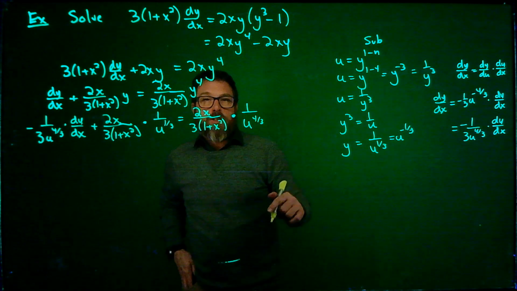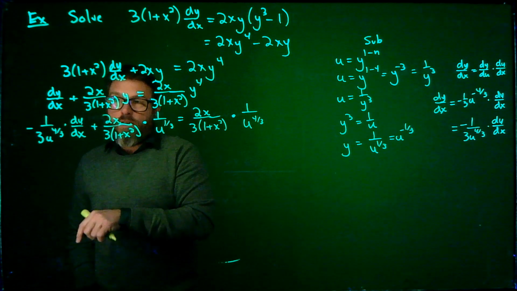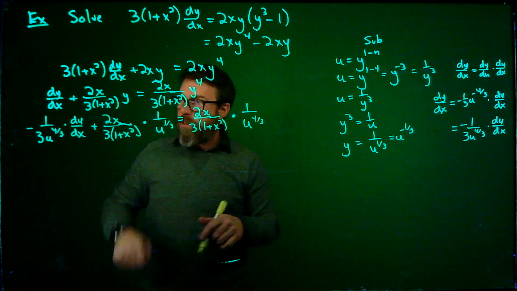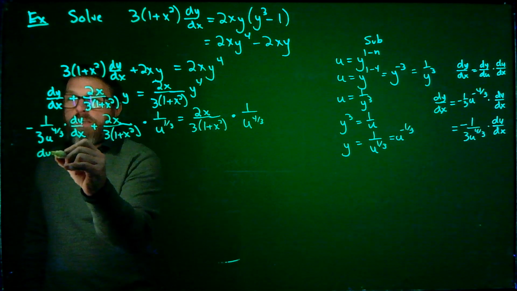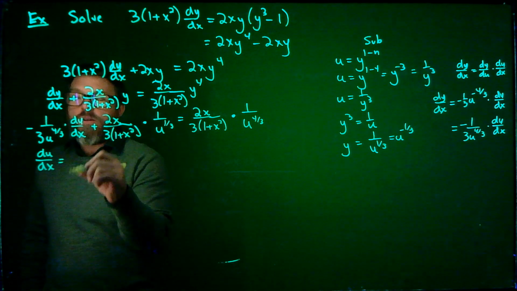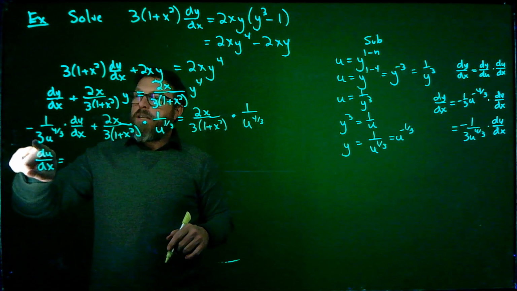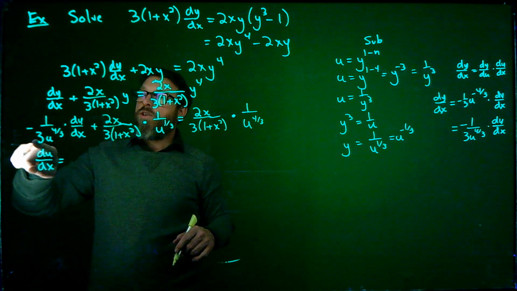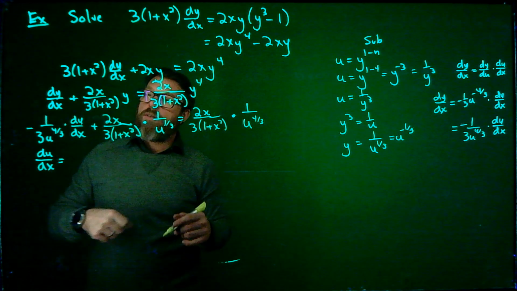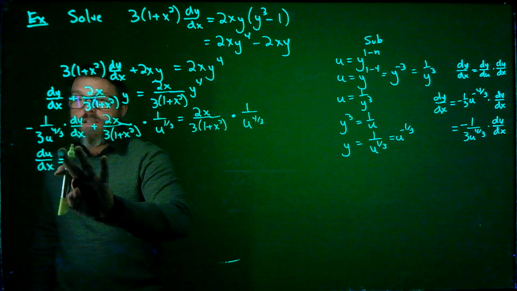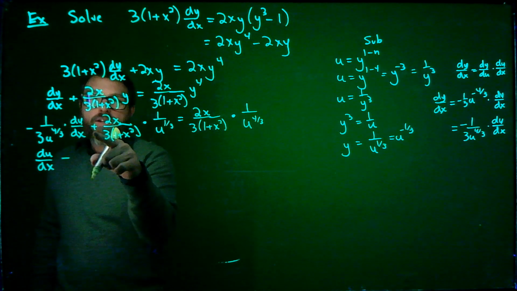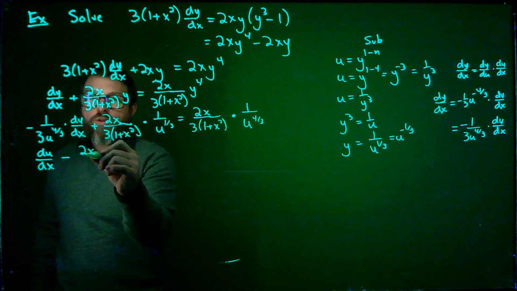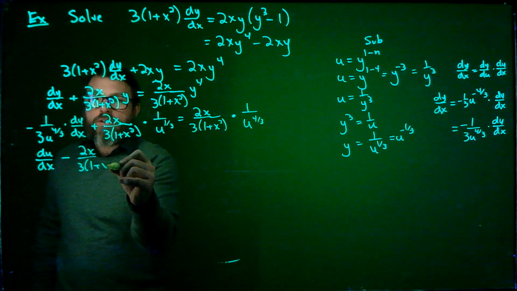So finishing this off, I know that I have to have a coefficient of 1, so I'm going to multiply everything by this coefficient. So du/dx is going to equal, well, multiplying by negative 3u to the 4/3 in the denominator, so u to the negative 4/3, to each one of these pieces. Well, this is going to turn negative because it's positive. I'm going to have this 2x over 3 times 1 plus x squared.